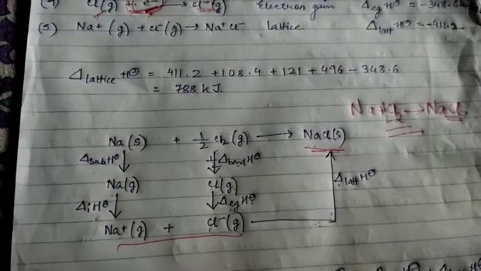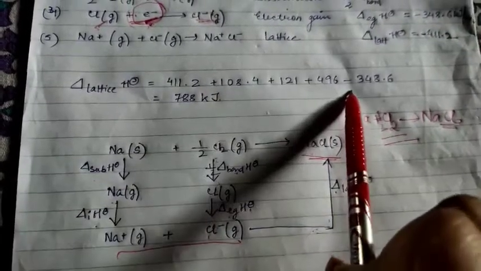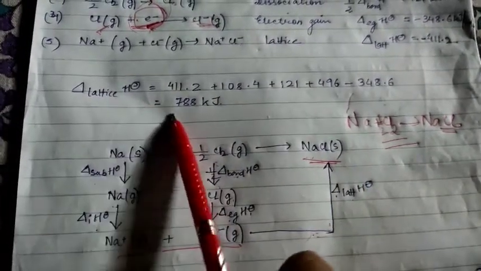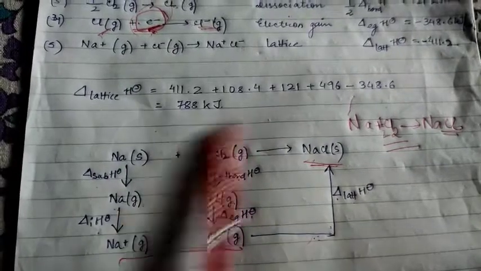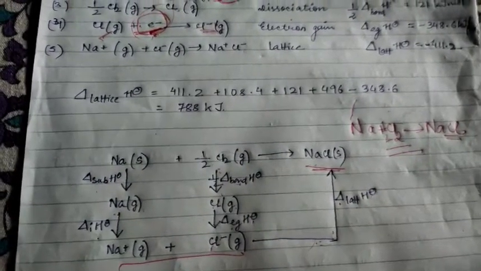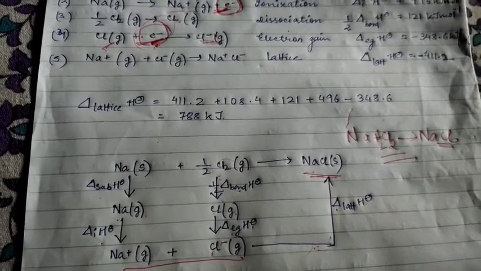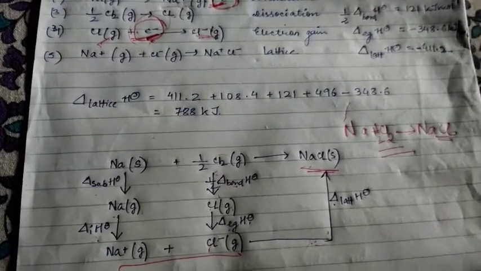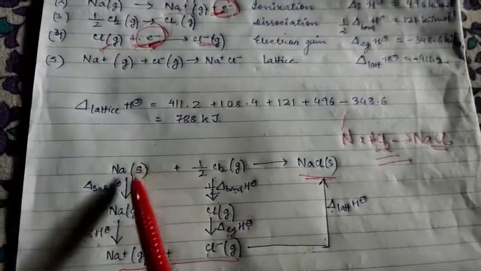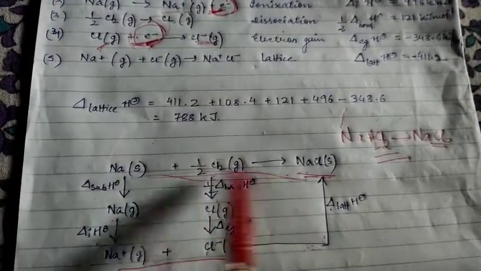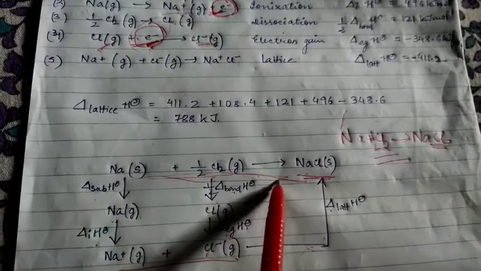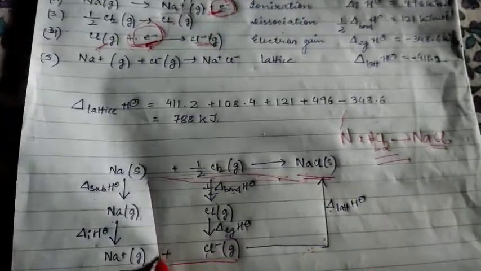Now you will add all of this. If it is negative, you have to put the negative. So you will get 788 kilojoules. So this is the Born-Haber cycle, which you use to calculate the enthalpy for the formation of ionic compounds, which otherwise is difficult. If you see it directly like this, it is very difficult to calculate, but there are steps involved.